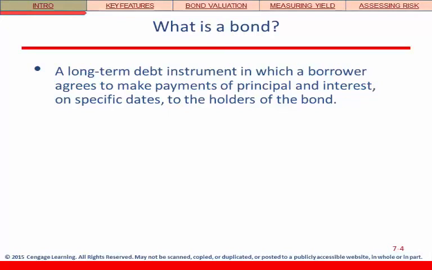As far as mortgage-backed securities are concerned, the big three government-sponsored enterprise issuers are Fannie Mae, Freddie Mac, and Ginnie Mae. There's also an issuer known as Sallie Mae, and Sallie Mae works with student loans.